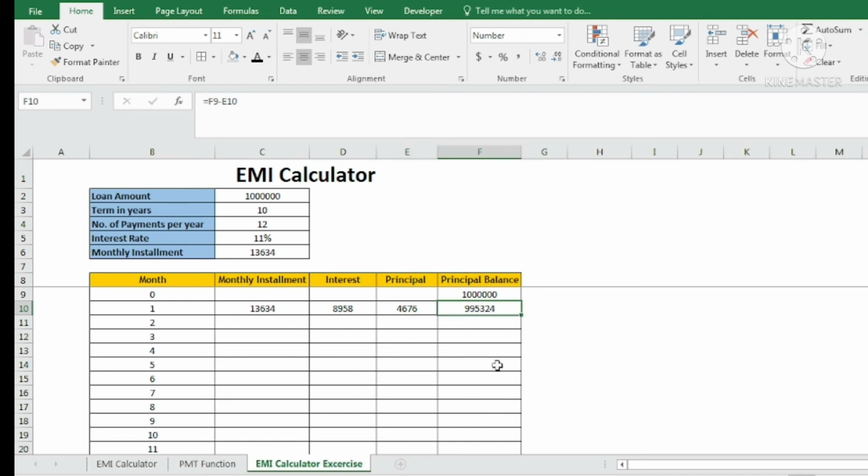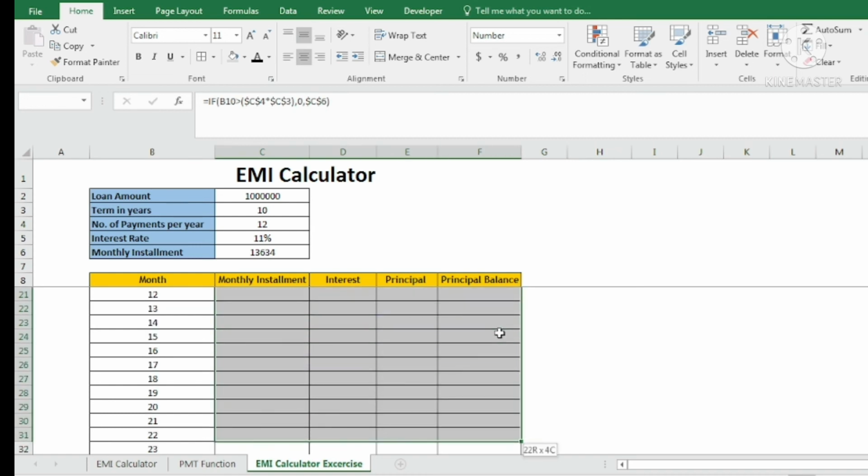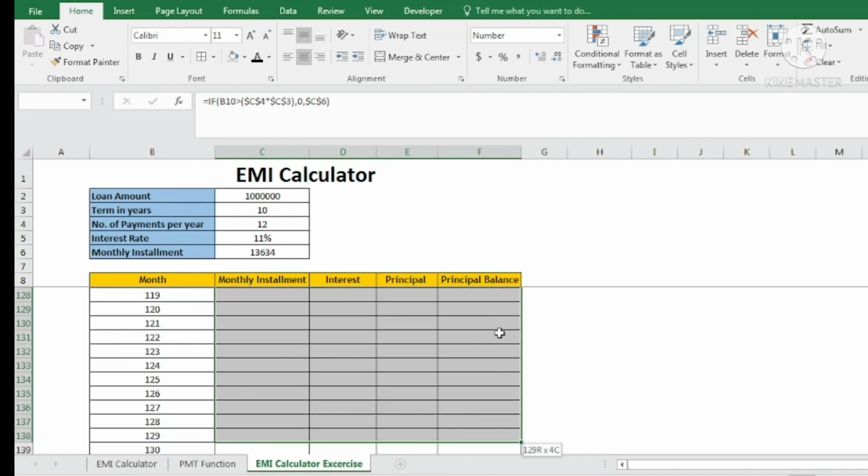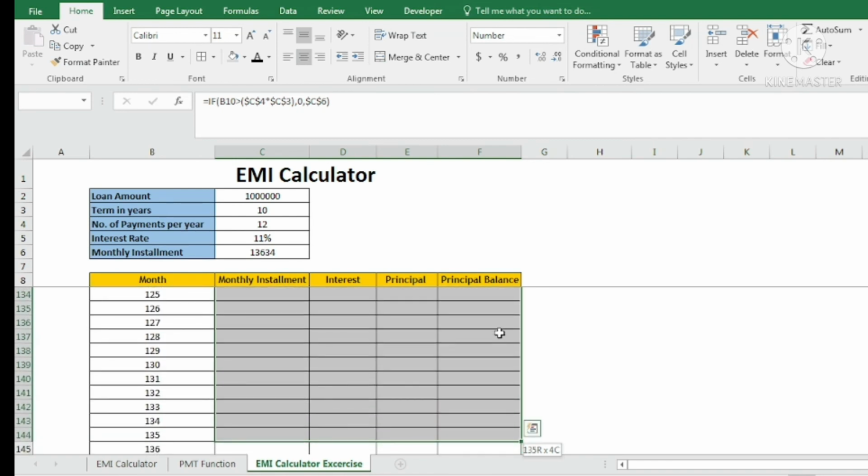Now if I copy this formula down, this principal balance will keep on reducing, and the interest will be calculated only on the remaining principal balance. That is called a reducing balance. I will go ahead and copy this formula down, and let us see what happens. I will just go down till 120 or more, because there are 120 right now.